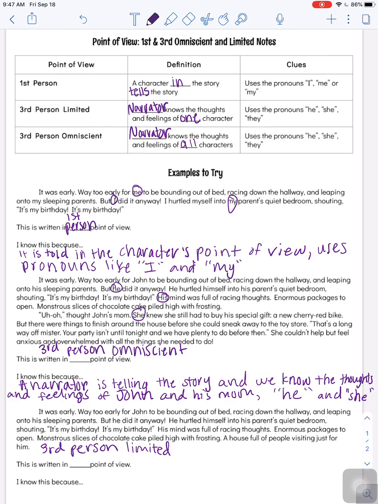So, I'm going to fill in. I know this because a narrator is telling the story. And we only know the thoughts and feelings of one character.